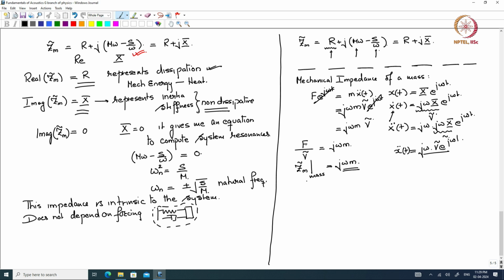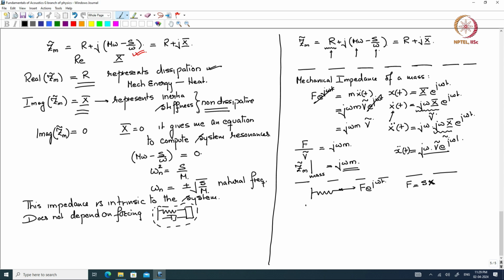Now, let us look at the mechanical impedance of a spring. So I have a spring, at the end I am subjecting it to F e to the power of j omega t. Okay. From the laws of a spring we know that F is equal to Sx, or normally we say Kx, but here we reserve the K symbol for something else, so we will call it Sx.